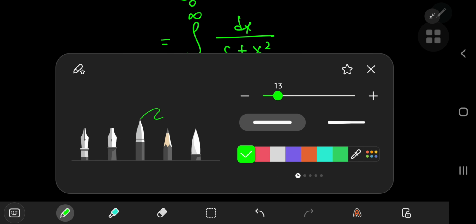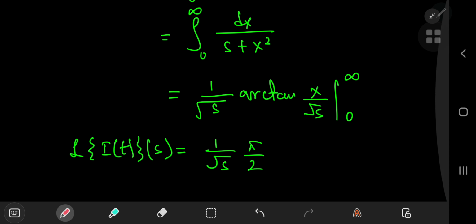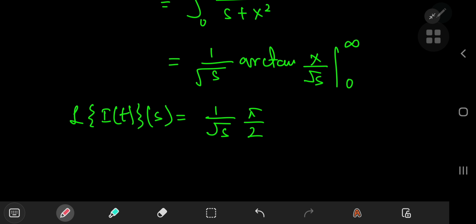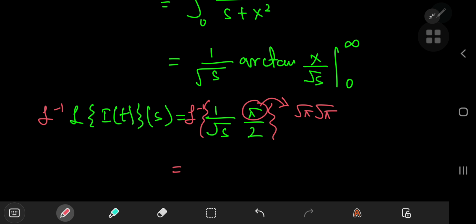And now you wish to recover the integral function I of t, and for that we need the inverse Laplace transform. And a bit of trickery. We're going to factorize pi as the square root of pi times the square root of pi. And we'll take one of these square root of pi's outside along with this factor of 1 by 2.